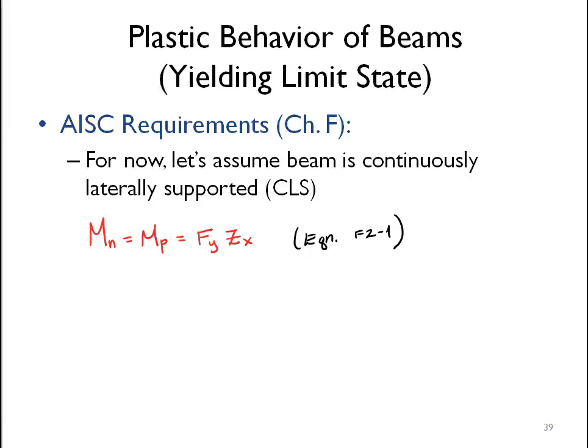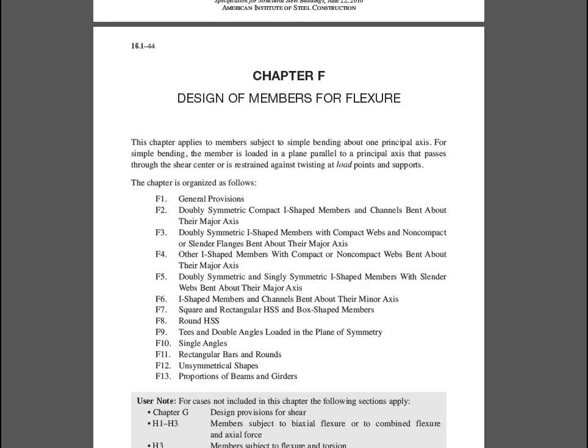The resistance factor for flexure is 0.9, so that should be easy to remember since it's exactly the same as it was for columns. As evidenced by the equation number here, AISC covers flexure in chapter F of the specification. So this is chapter F. It's going to be one of the longer and more detailed chapters within this spec, and it's divided into 13 different sections.